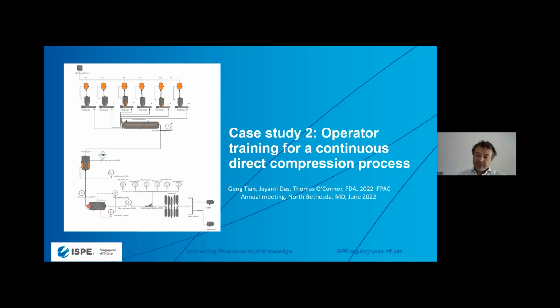And the reason we do that is that there is a residence time distribution in the feed frame, in the surge hopper, as well as in the blender. And of course, the residence time distribution is very important for this system because the broader your residence time distribution, the more robust the process is in terms of dealing with variability of API or other excipients coming from the loss in weight feeders.